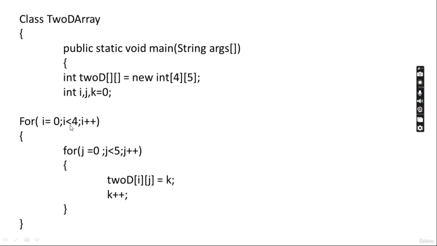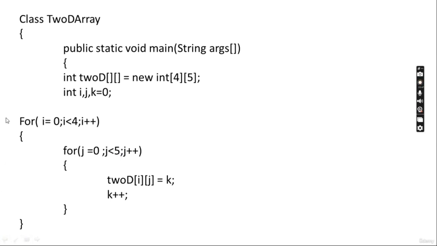In the first row, when i is 0, it is entered. For 5 times, for 5 columns, it will store the value of k: 0, then increment 1, then 2, then 3, then 4, then increment. Here j is less than 5, the condition is not satisfied.